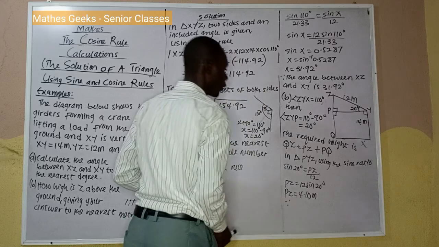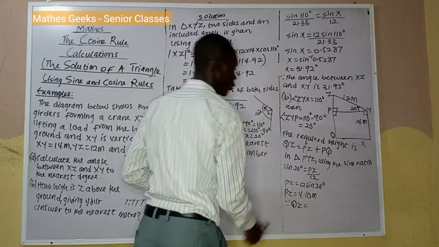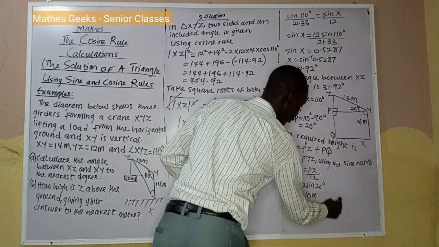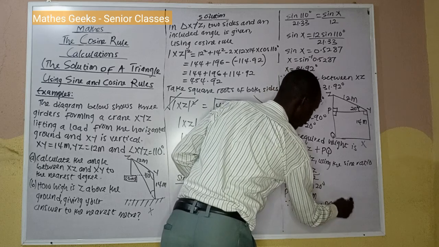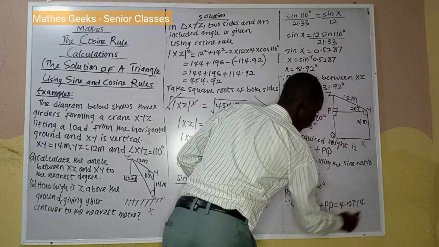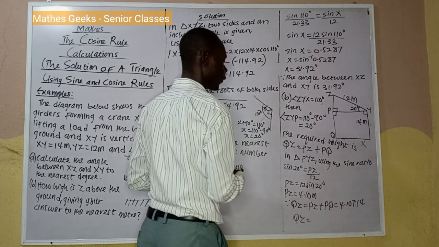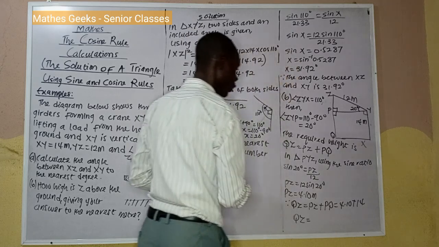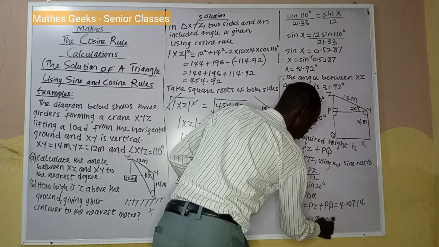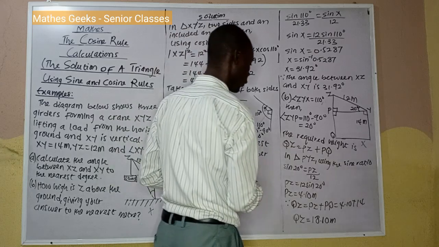Therefore, remember that the required height is QZ. Therefore, QZ is equal to PZ plus PQ, which is 4.10 plus 14. So QZ is equal to 18.10 meters.